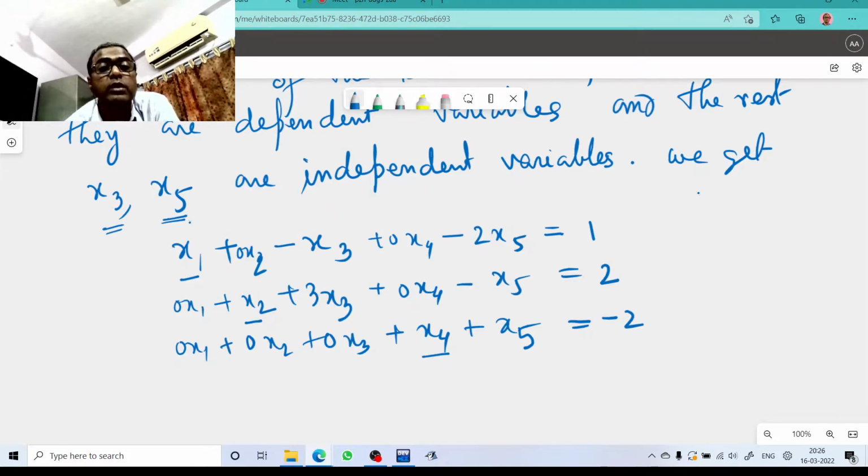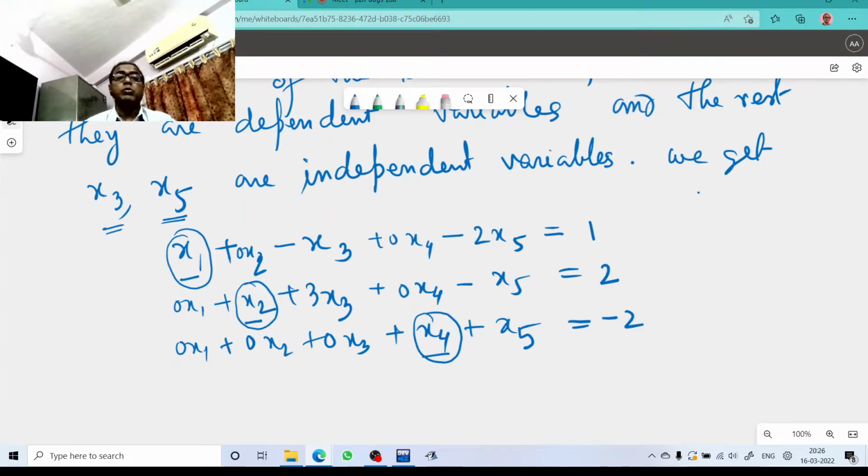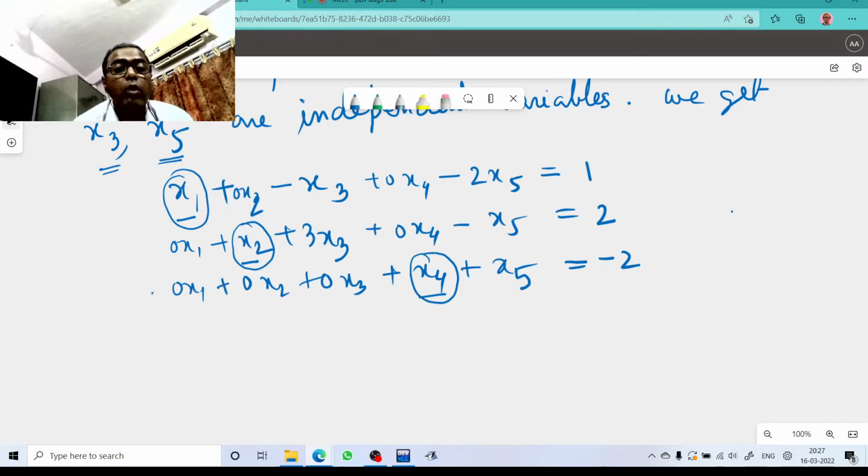This x1 depends on x3 and x5, this x2 depends on x3 and x5, and this x4 also. x1, x2 and x4 are dependent variables because they come from the leading ones. So we express these dependent variables in terms of the independent variables.